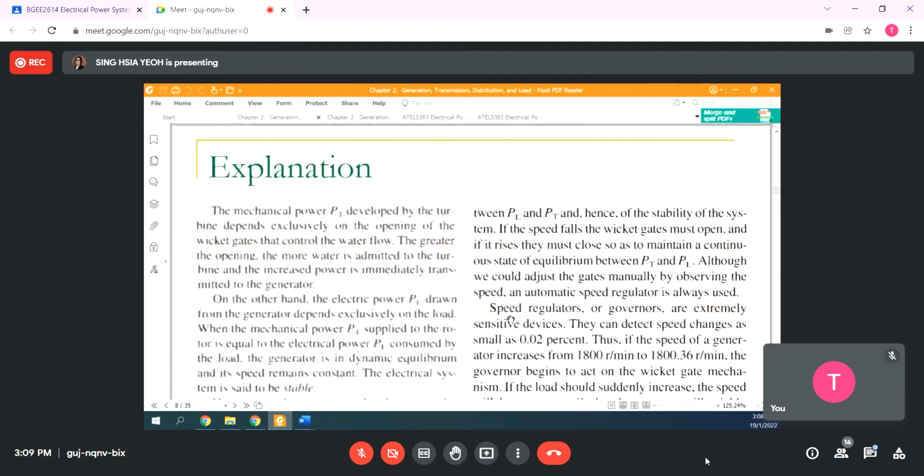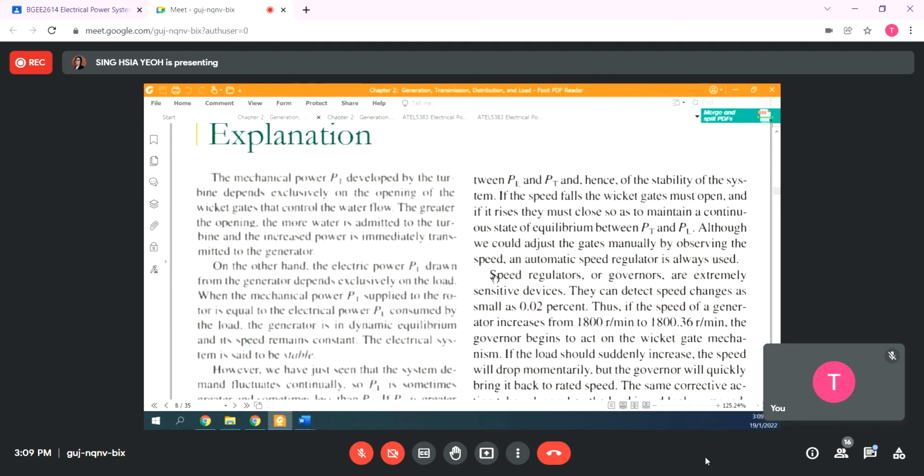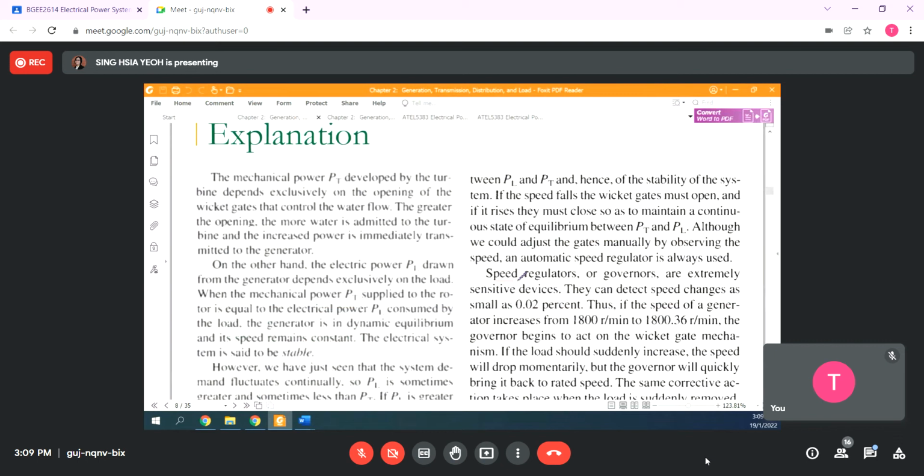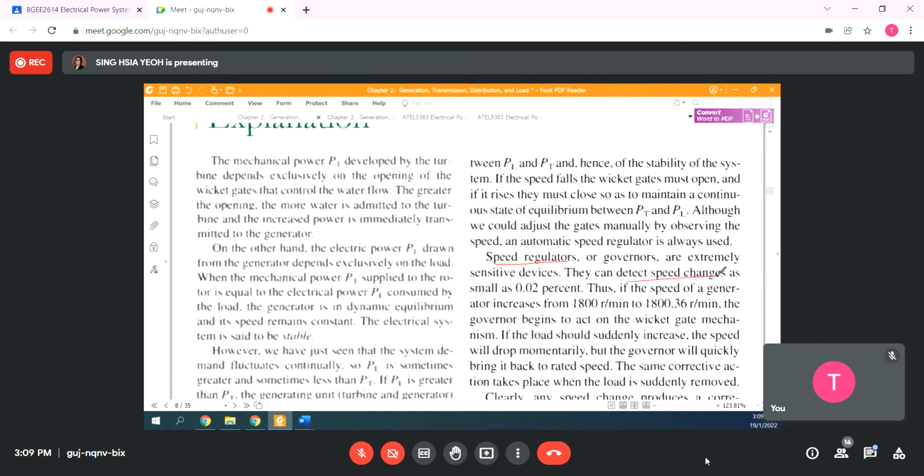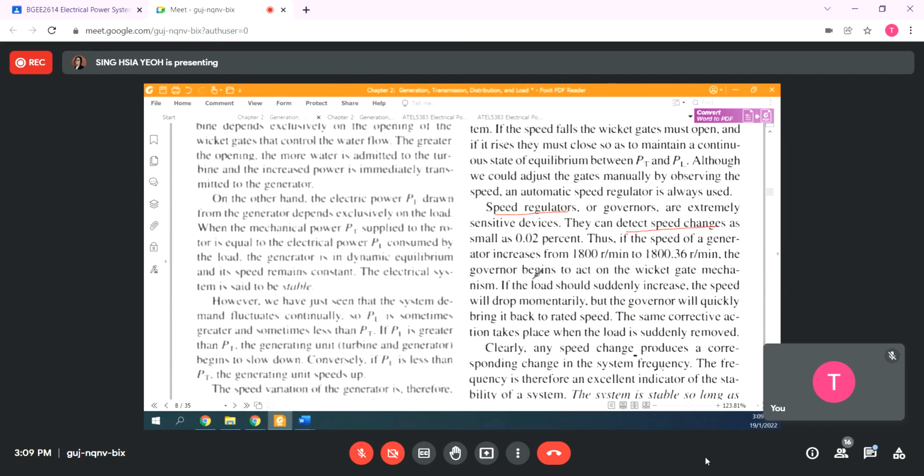Then there is a speed regulator here to detect the speed changes. If it knows that, the governor, that means the speed regulator, begins to act on the gate.